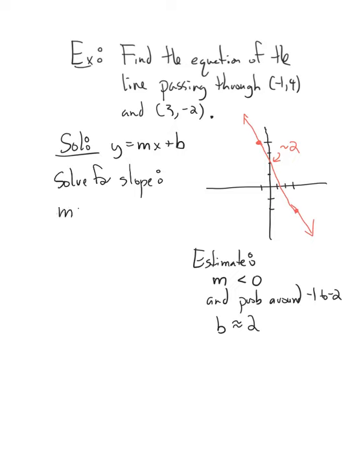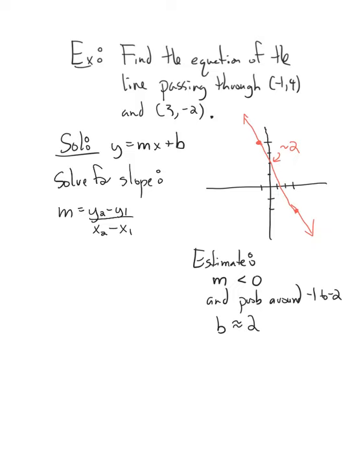Remember, m is always the difference in our y-coordinates over the difference in our x-coordinates. The only thing is we need to be careful. We can pick either point to be x1, y1, but we just have to be consistent.